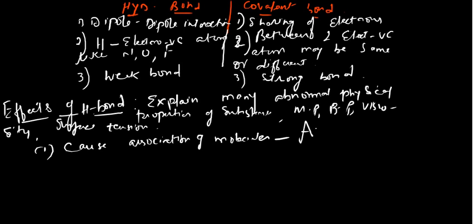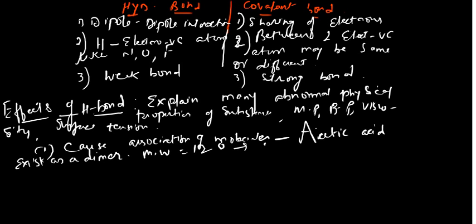Due to this, if you see its molecular weight in benzene, it will show as twice. Its molecular weight normally is 60, but in benzene it will show 120, right.